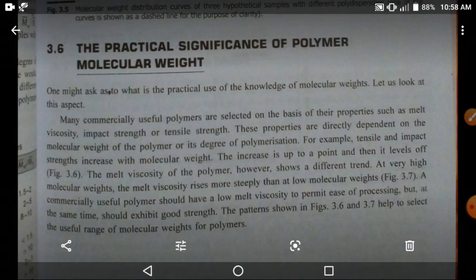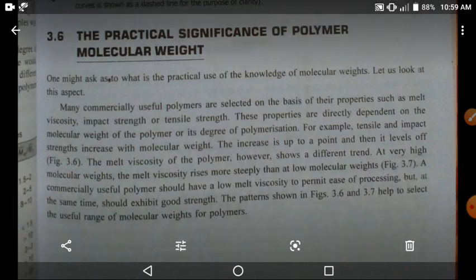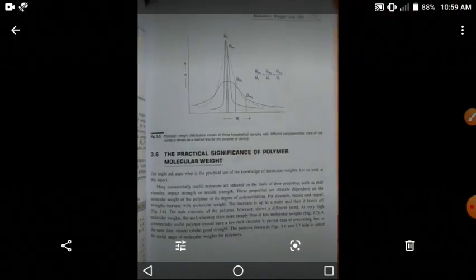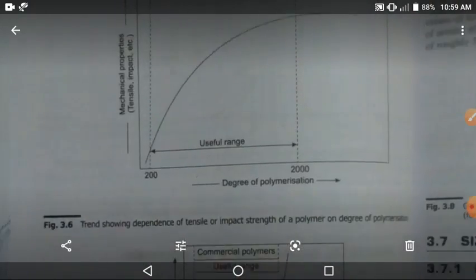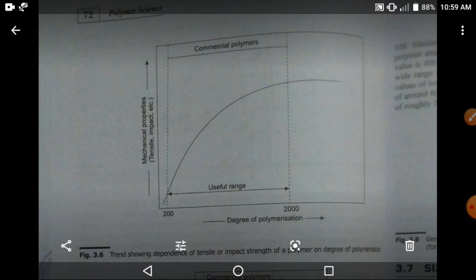A commercially useful polymer should have a low melt viscosity to permit ease of processing, but at the same time should exhibit good strength. The patterns shown in figures 3.6 and 3.7 help to select the useful range of molecular weight for a polymer. Alright, draw these graphs. First of all, the trend showing dependence of tensile or impact strength of a polymer on degree of polymerization.